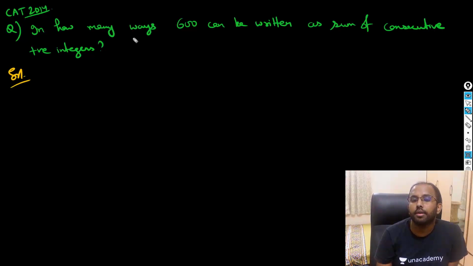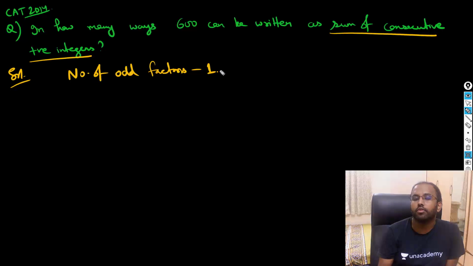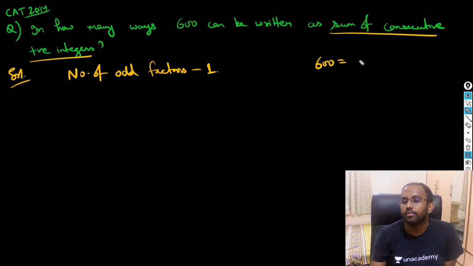So the number of ways in which a number can be written as sum of consecutive positive integers is equal to number of odd factors minus 1. Okay, so what are the odd factors? For 600, if you try to factorize this, it is 24 into 25.